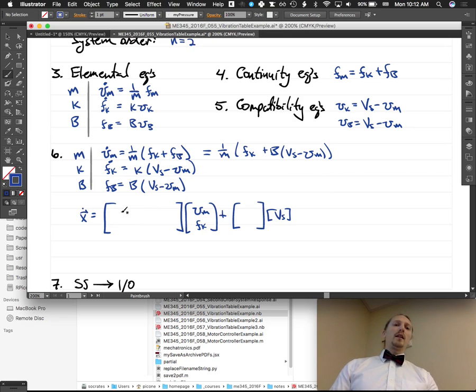And what is this first line? We'll use this first equation. So Vm dot is equal to, so the Vm coefficient is negative B over m, very good. And the Fk is what? Just 1 over m. And what about the Vs? Just B over m.